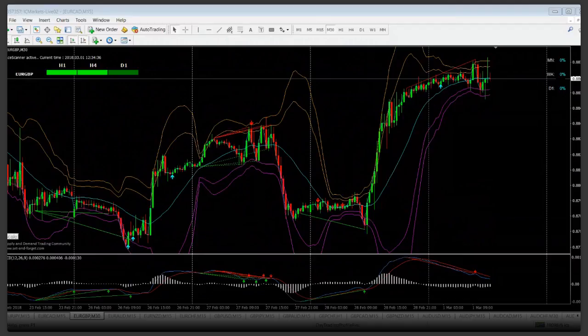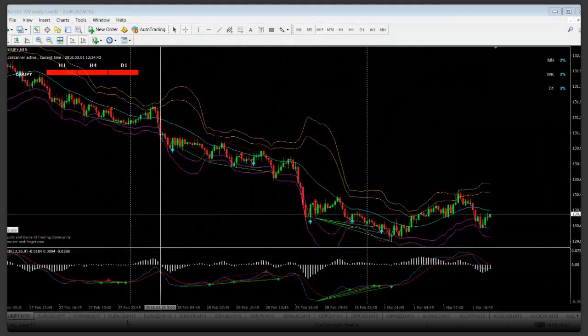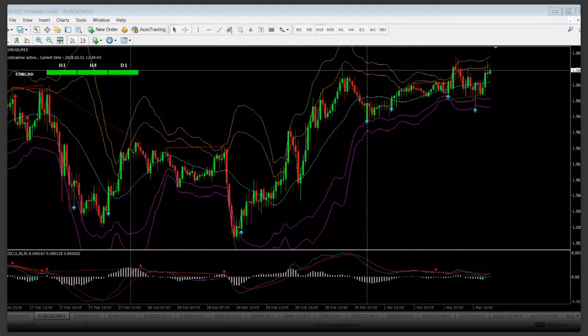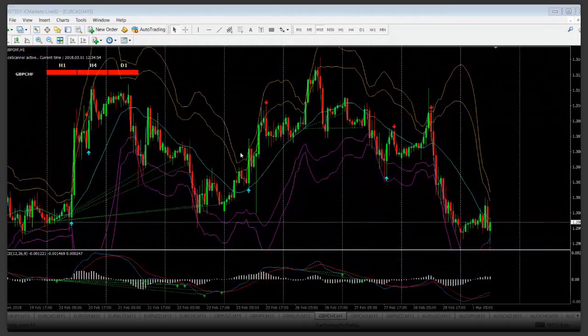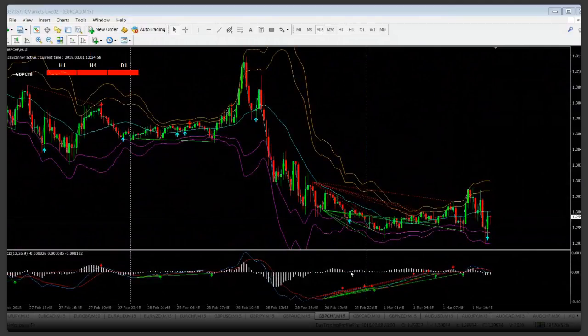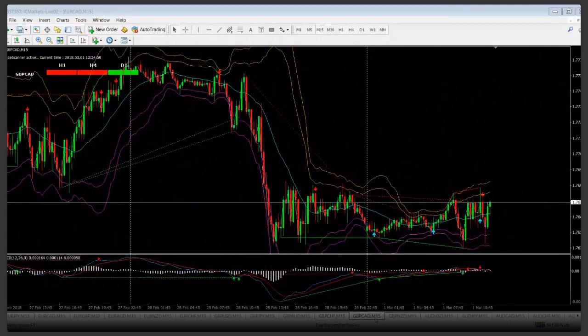I'll have to wait 25 minutes for that. Okay, there's our British pound CAD trade in profit now, and the British pound Swiss franc trade, both of them are in profit at the minute.